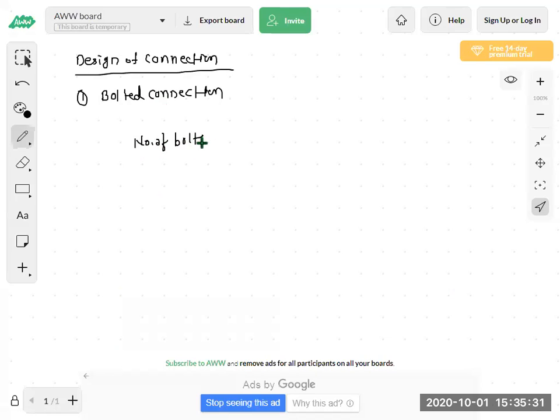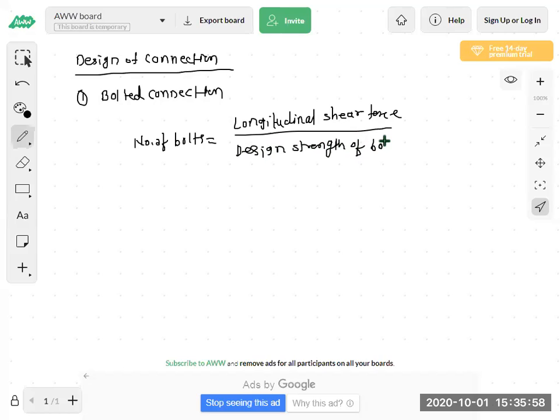This number of bolts is equal to longitudinal shear force divided by design strength of the bolt. Design strength of the bolt we have to calculate.